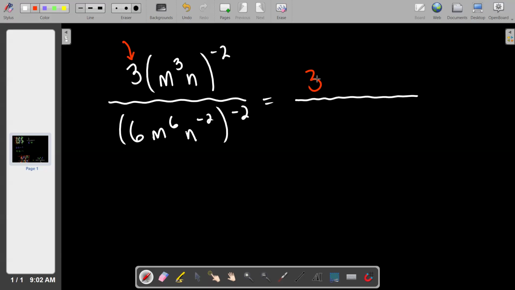What we are going to do is take this exponent that I'm circling in green and feed it to the m and to the n. The m already has an exponent of 3. We're going to do 3 times the new exponent, negative 2, which means now we have m to the negative 6.